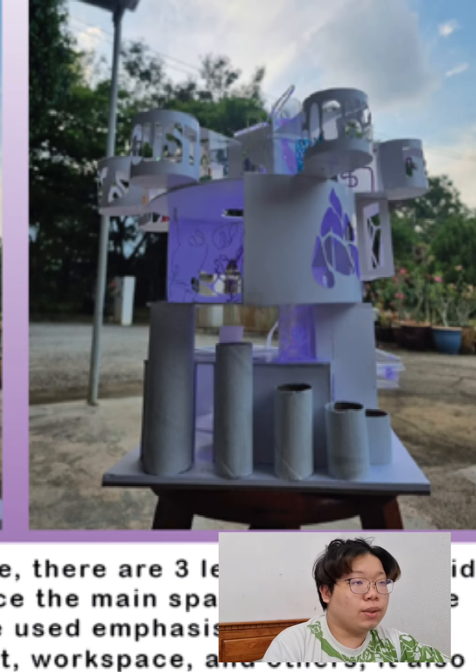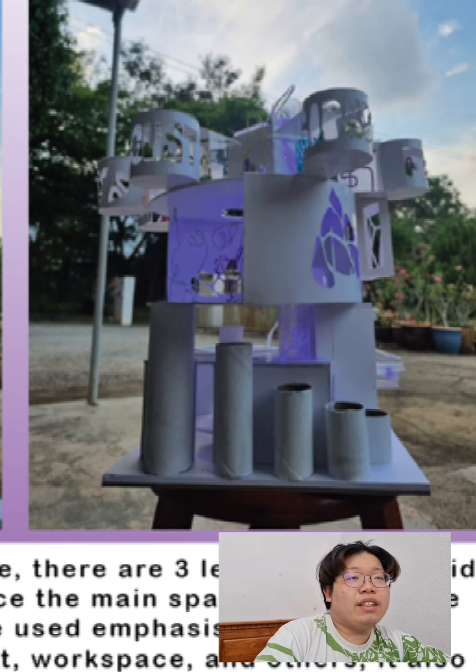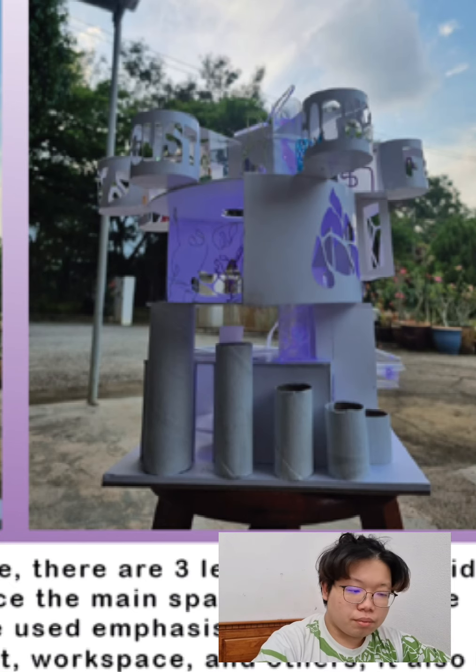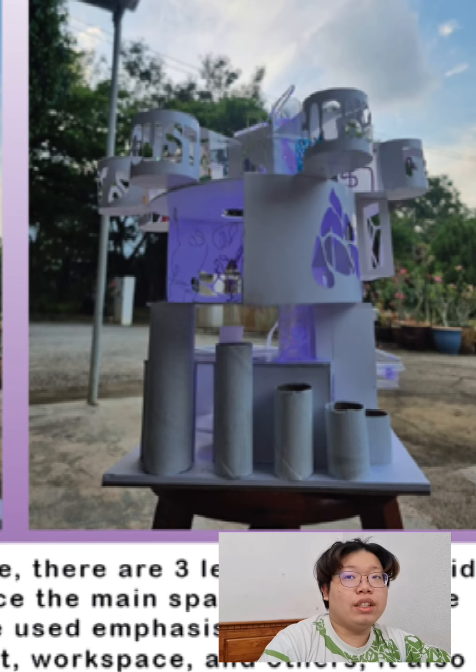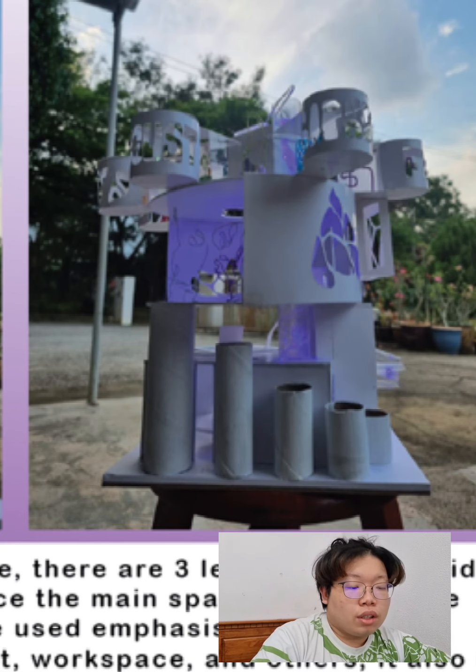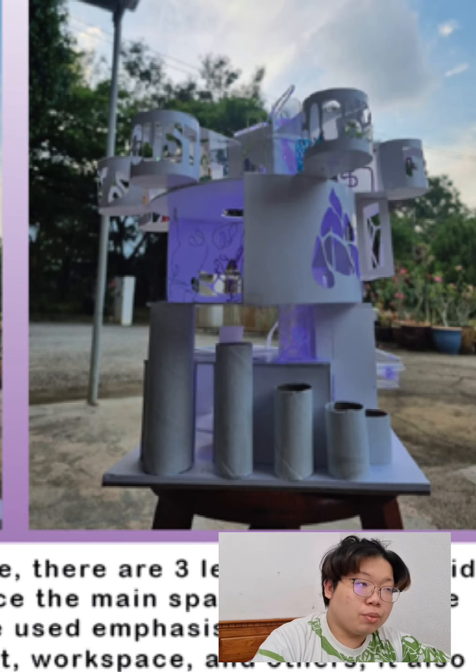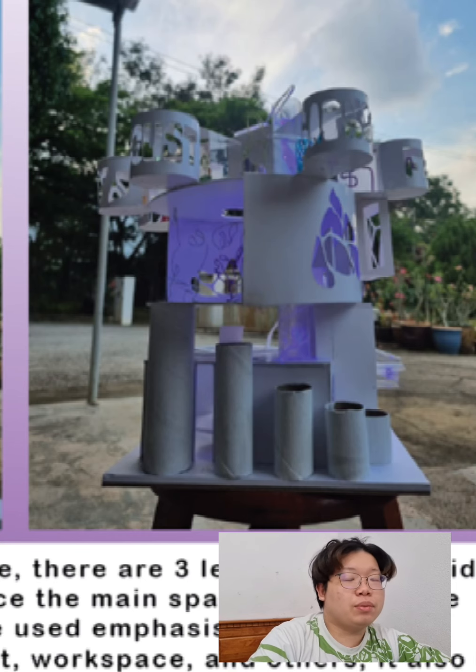This is also a space for him to play. It is also a staircase for him to pass through to the second level, and it can be seen as a shortcut for him to reach the place he wants to reach faster.